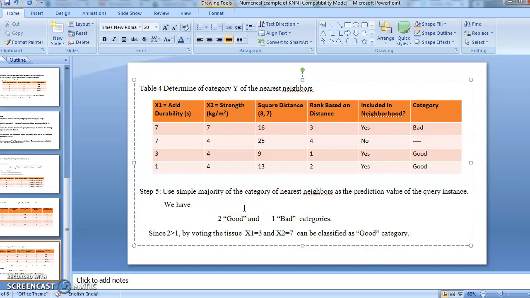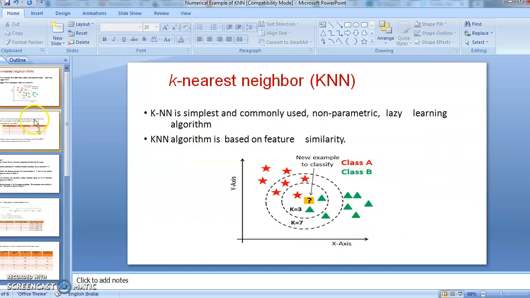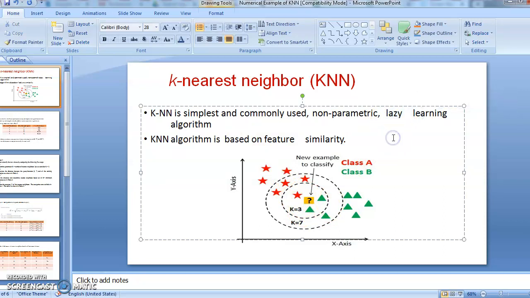Are you getting this example? It is very easy. Just recall the concept. K nearest neighbor is a supervised learning algorithm. It is very simple and commonly used for real life problems. Non-parametric means it doesn't accept any parameter other than the distance of the particular data point from the other data points. It is a lazy learning algorithm because it simply works; there is no generalization.